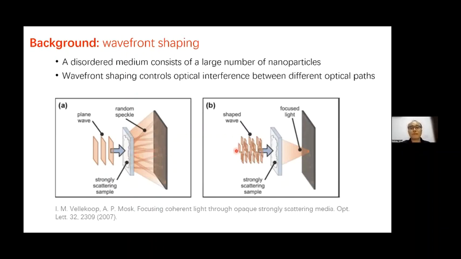In this case, wavefront shaping was introduced to control the interference between these different optical paths. For example, to control the interference to be constructive, then we can get the focused light at the transmitted side of the disordered medium.